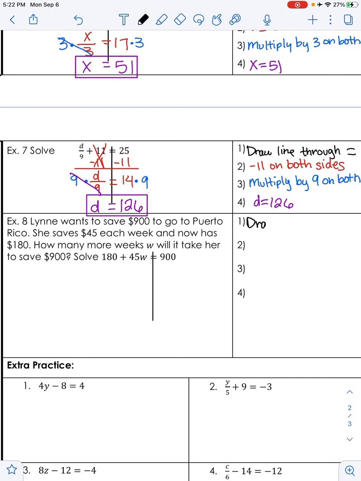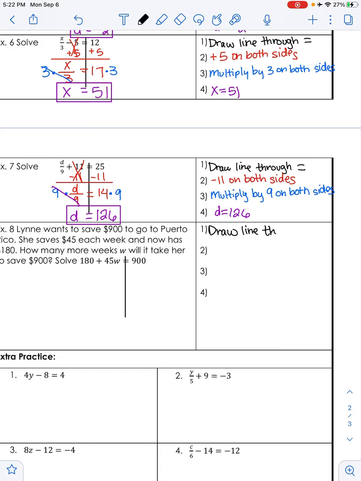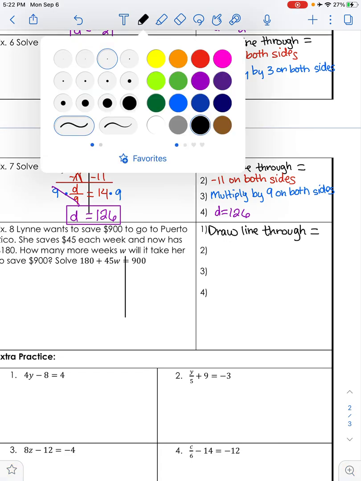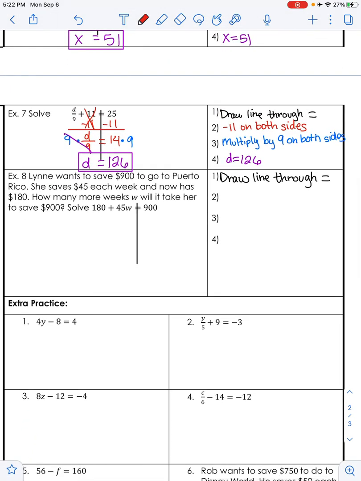Yes, you guessed it. Draw a line through the equal sign. Okay, now looking at it, we need to move over the constant.